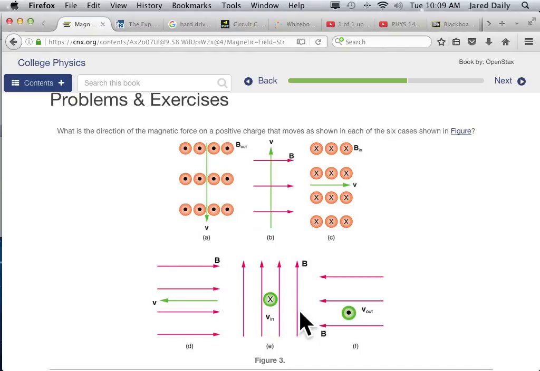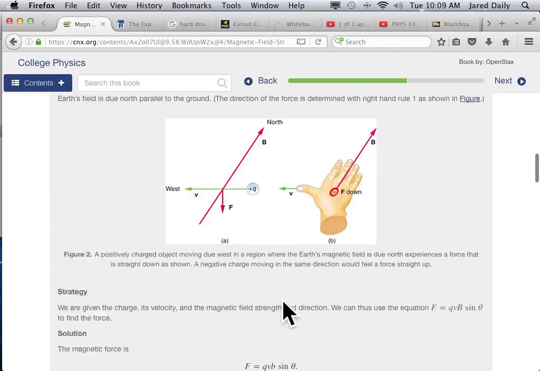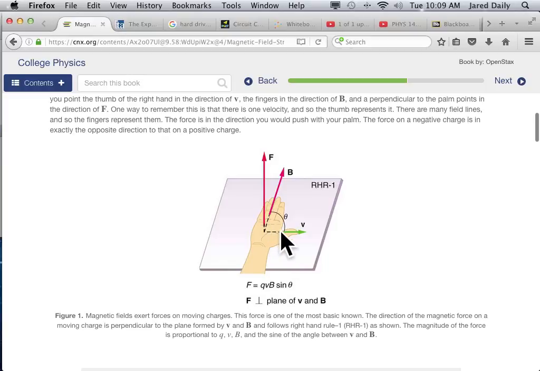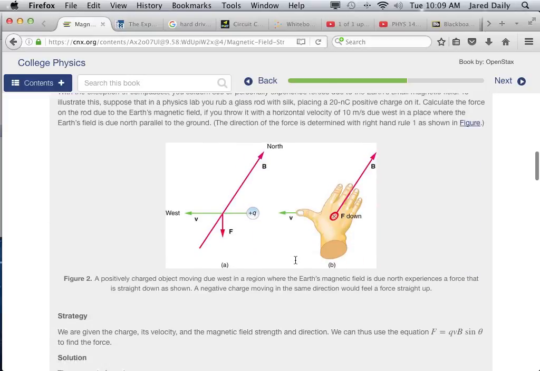If you don't remember how the right-hand rule works, I'll move back to that really quick. Right-hand rule works, you put your thumb in the direction of velocity, your fingers in the direction of the magnetic field, palm points towards the direction of a force on a positive charge.